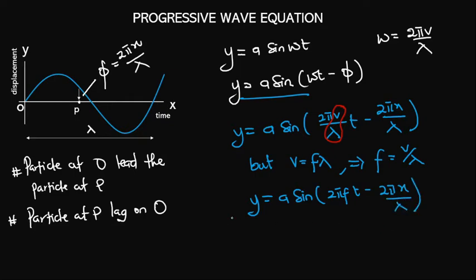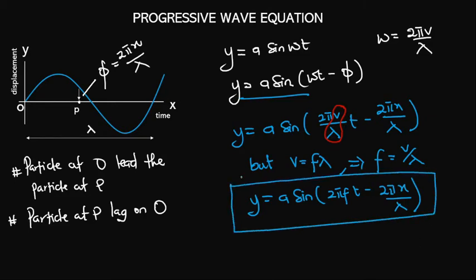This equation is what we call the progressive wave equation, where y is the displacement of any particle from the origin, and x is the distance of the particle from the origin. If this is the origin, this is the x that we are talking about.